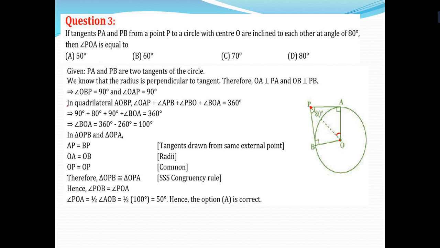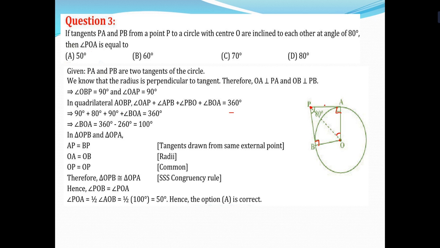So in the earlier discussion in question number 2, you will see that it is a quadrilateral. So in a quadrilateral, 360 degrees is there. Here it is 90 given, here it is 90 given. Already we know that from the first or second question. Now PA and PB are the two tangents of the circle.